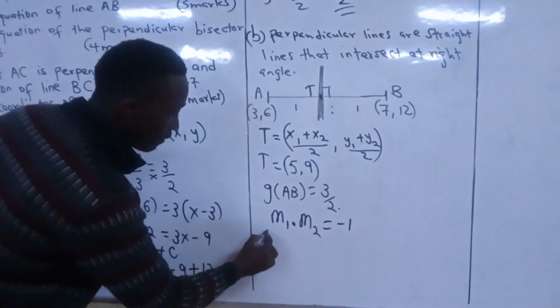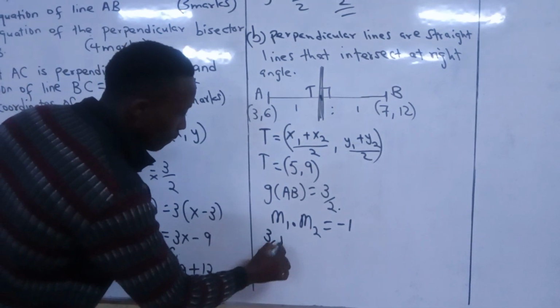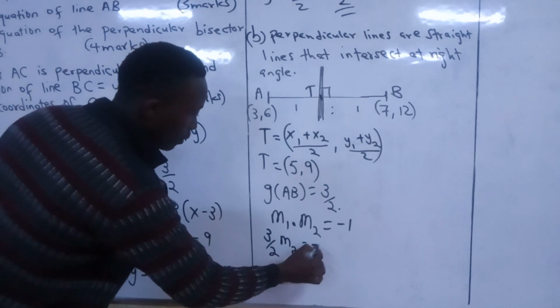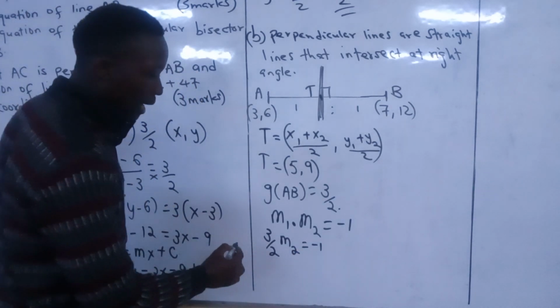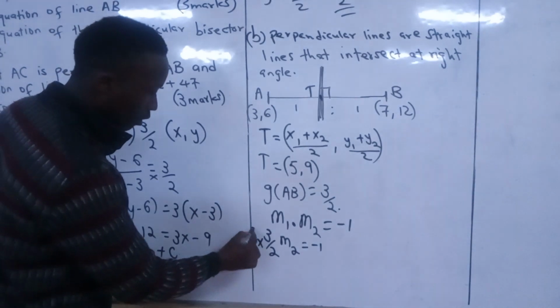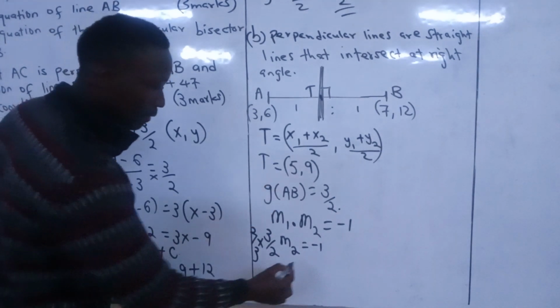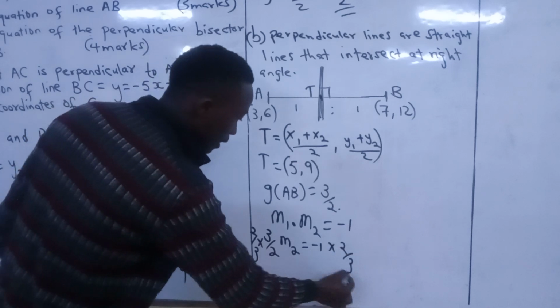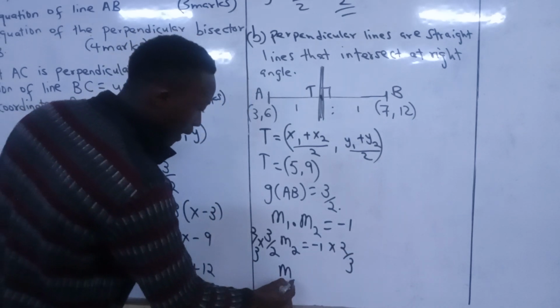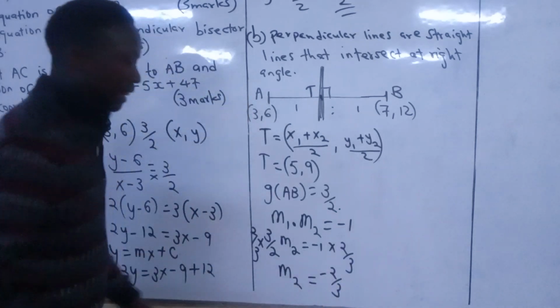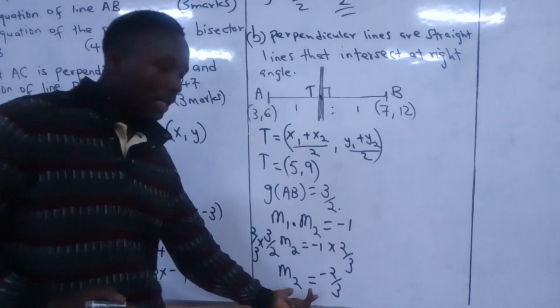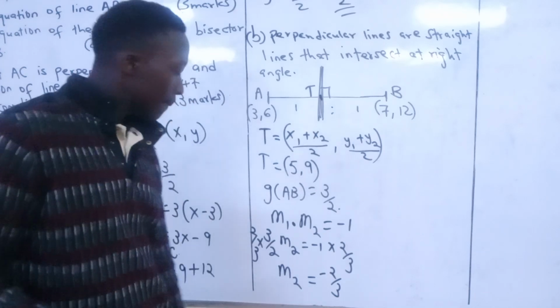That gives us 3 over 2 times m2 is equal to -1. So we multiply both sides by the reciprocal, 2 over 3, and we get m2 as -2 over 3. That will be the gradient of our perpendicular bisector.